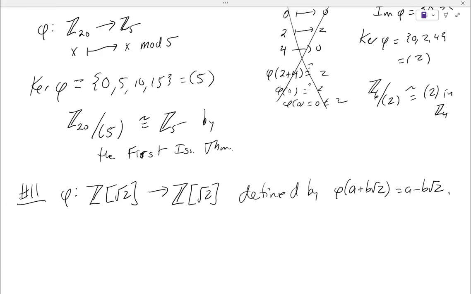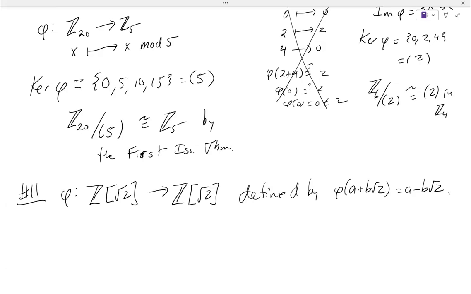What maps to 7 plus 5 root 2? 7 minus 5 root 2. Yeah, what maps to negative 3 plus 8 root 2? Negative 3 minus 8 root 2, right? We just use the conjugate, correct? So this is certainly surjective. We agree? You just have to flip the sign on the output.